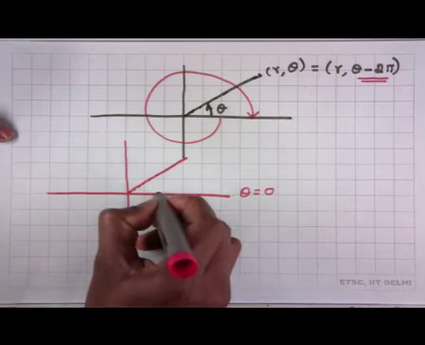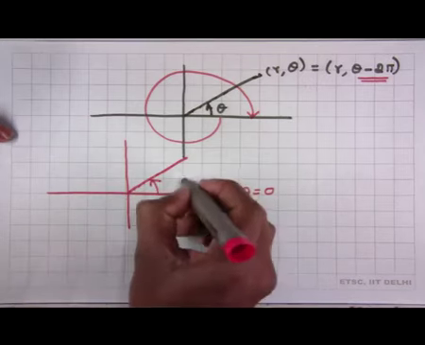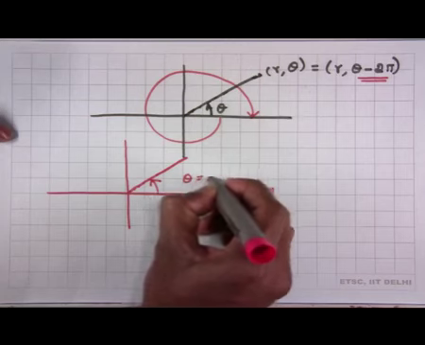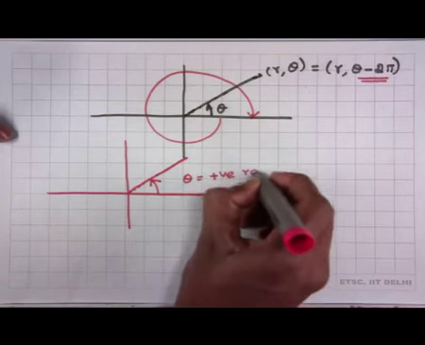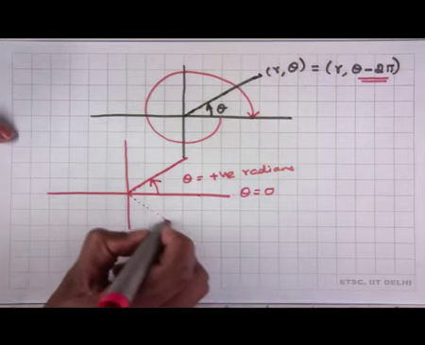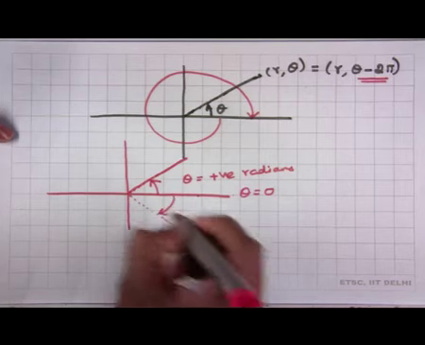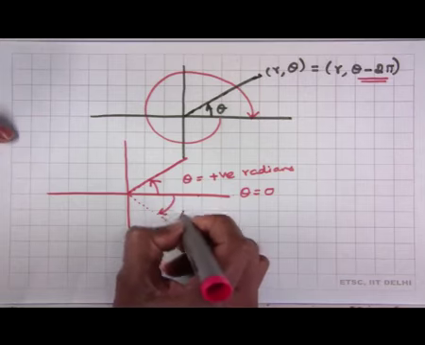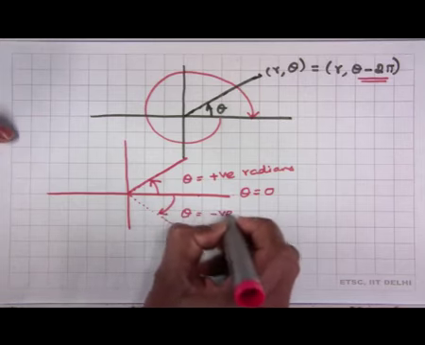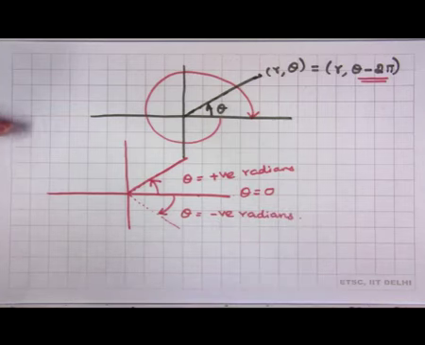If you measure in the anti-clockwise direction, theta is treated as positive radians, and if we measure in the other direction, the clockwise direction, then the angle is measured in negative radians. Let us see whether it is consistent with our representation.